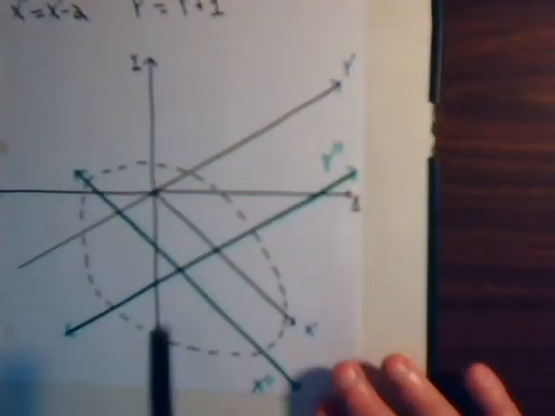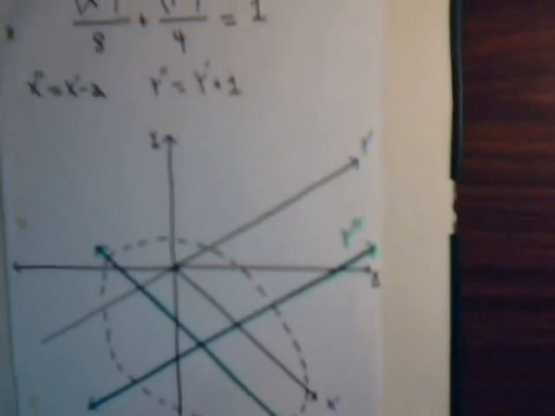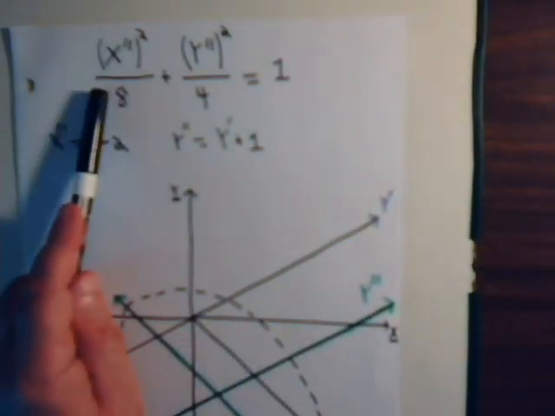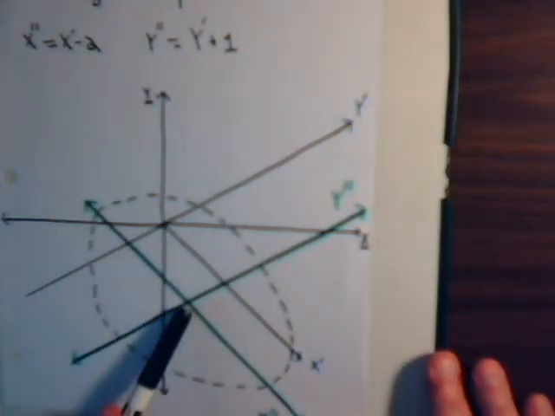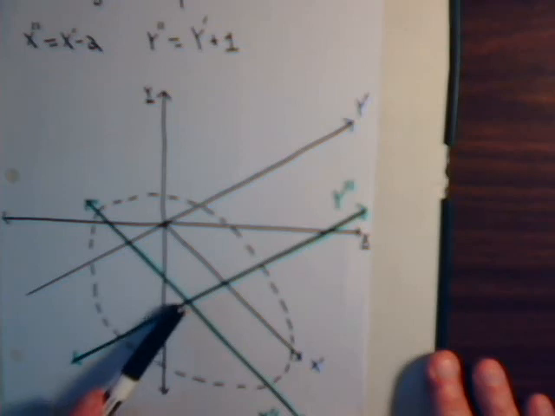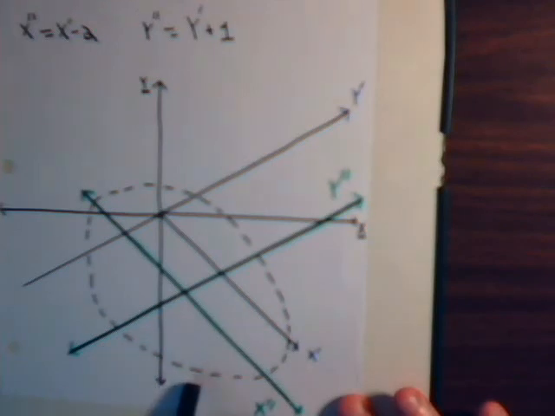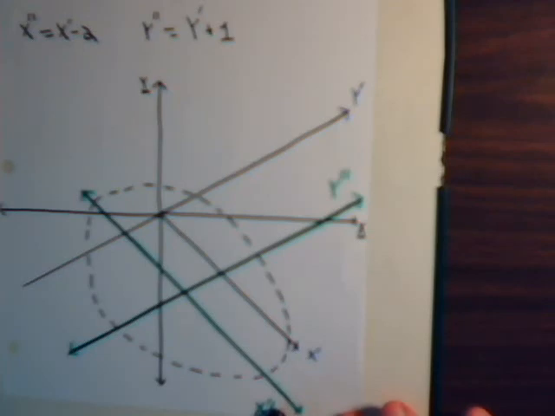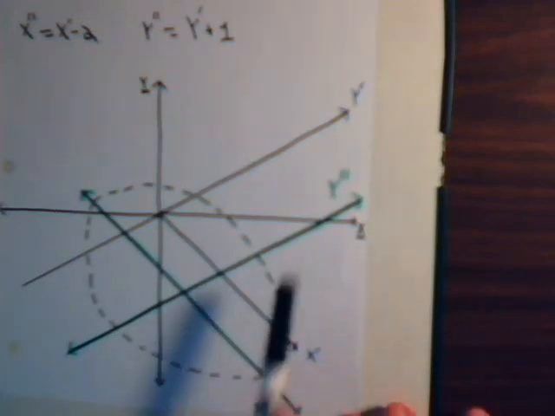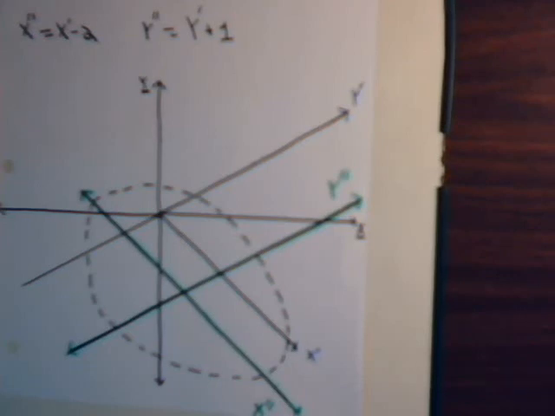So here we want to go out a distance of 2 and a distance of 2, and then on the x double prime axis go out a distance, the square root of 8, and we try to at least give a crude sketch of what the ellipse would be on this double prime axis, where we had a rotation plus a translation. Okay, that's it for this video.